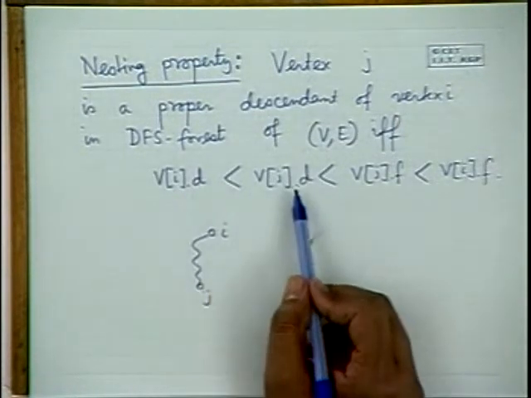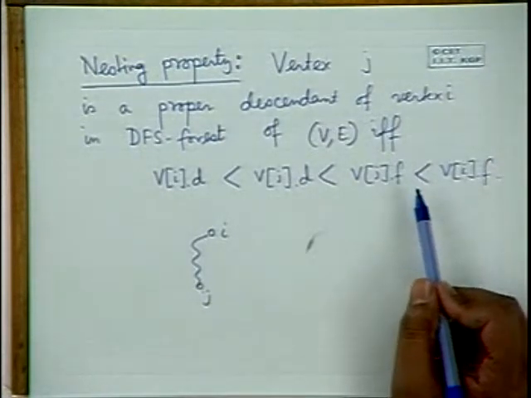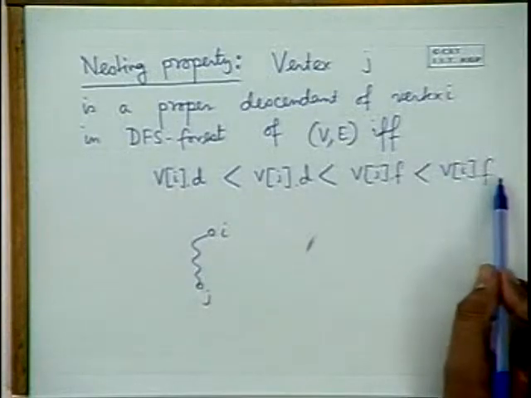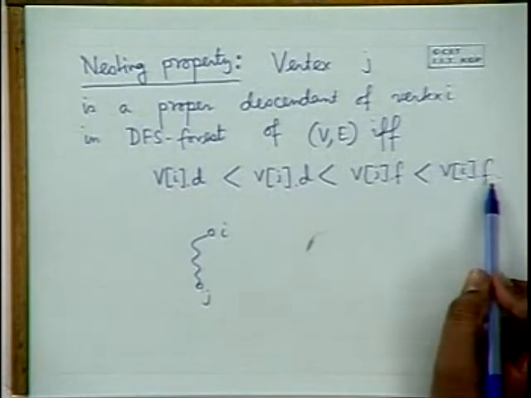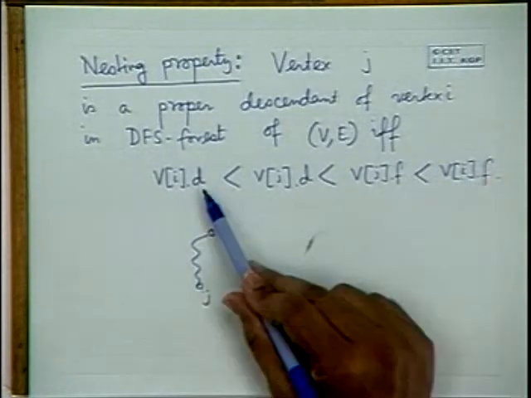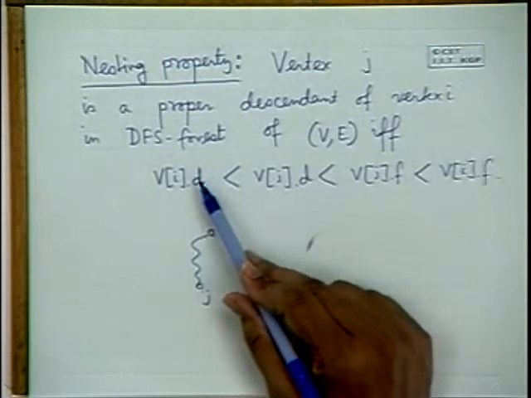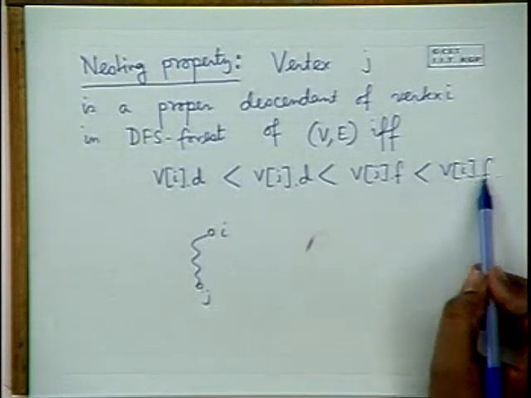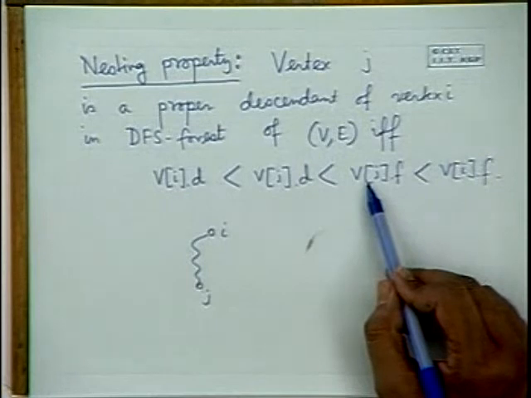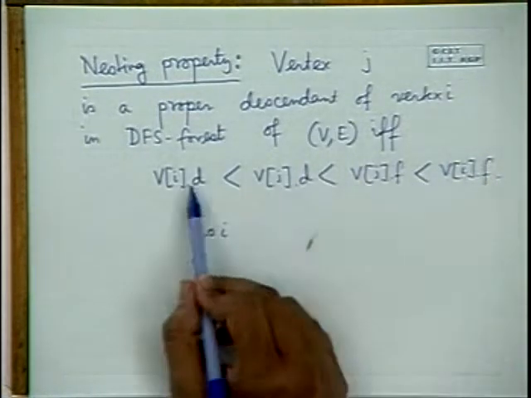Now both d must be less than f, by definition. So these two must be less than this. Now if you see the way we are marking the finish time, it must be the case the one which is visited earlier will be marked later. So that's why Vi dot f is greater than Vj dot f. This is called the nesting property.